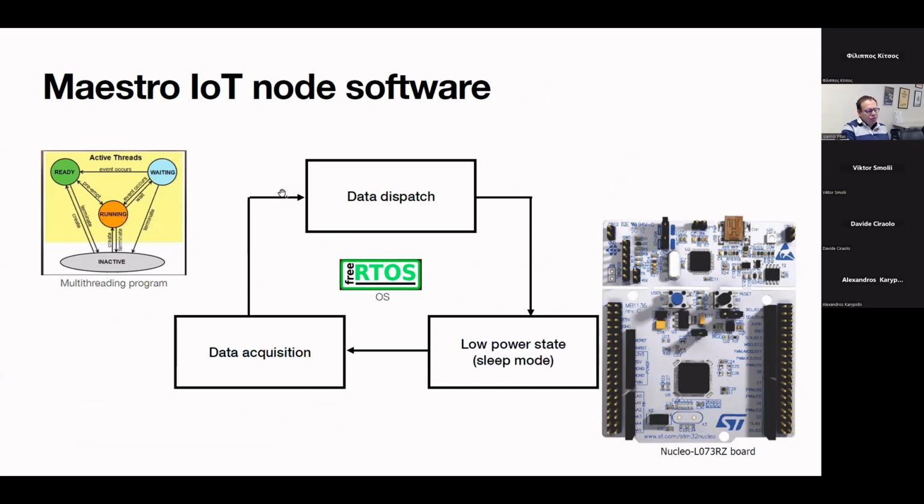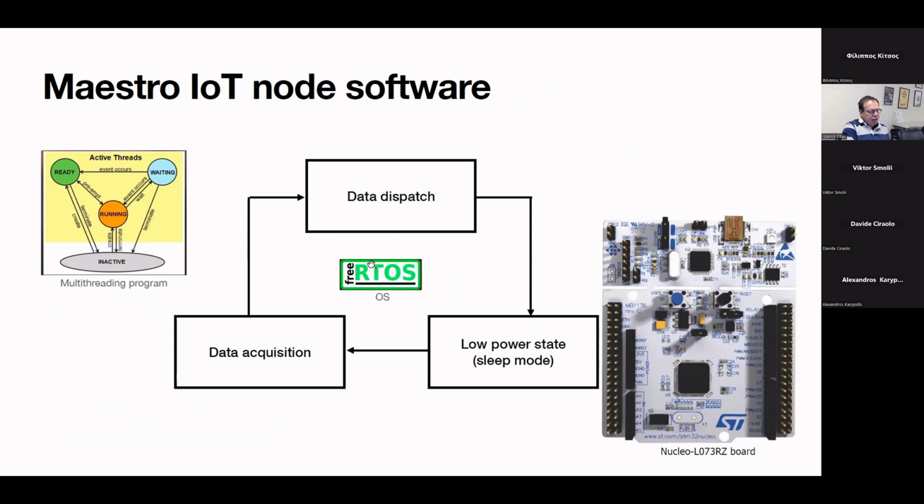Now I'm going to say a few words about the software, especially the software for the Nucleo board. We have implemented a multi-threading program, which means that we have multiple threads which are scheduled by the FreeRTOS operating system. It's a real-time operating system which allows scheduling the running threads.